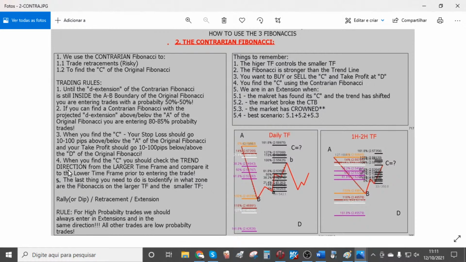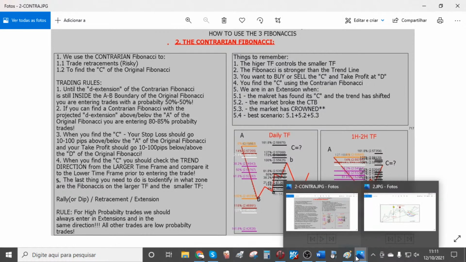And 5, the last thing you need to do is to identify in what zones the Fibonaccis are on the larger time frame and smaller time frame. Rule: for high probability trades, we should always enter in extensions and in the same direction. All other trades are low probability.